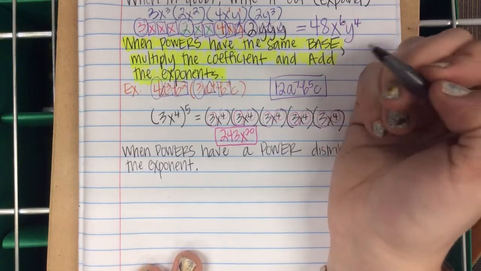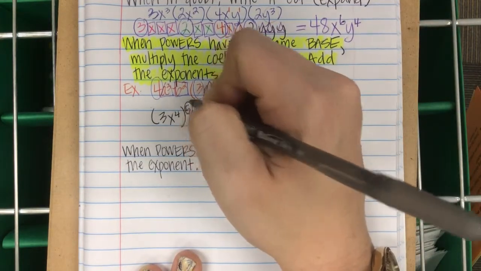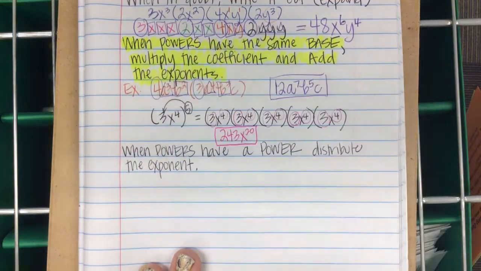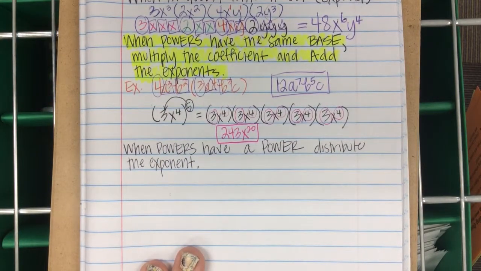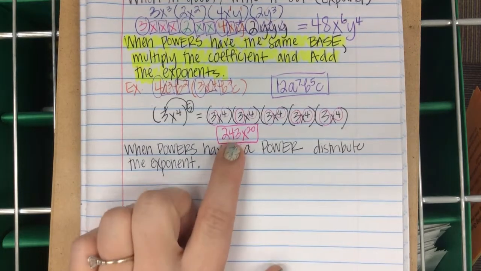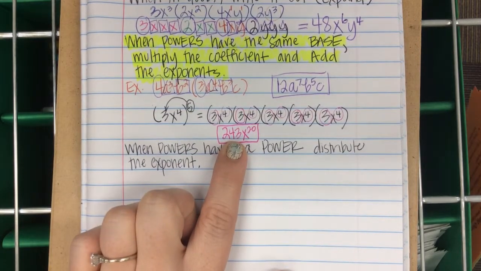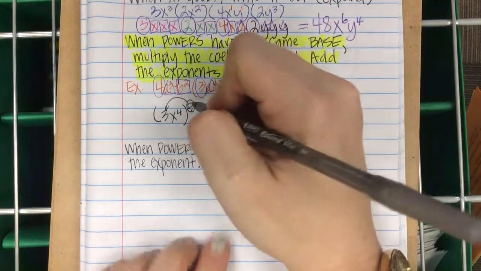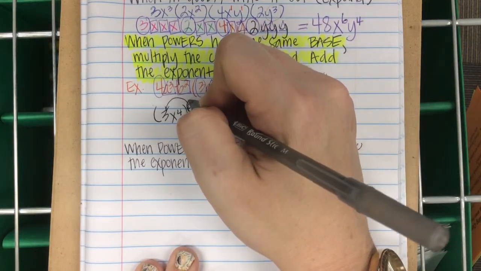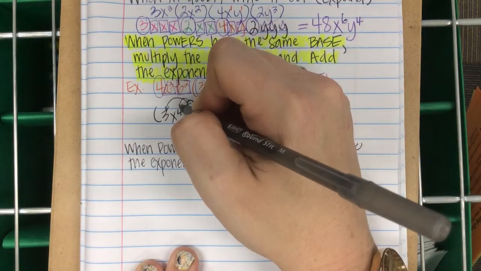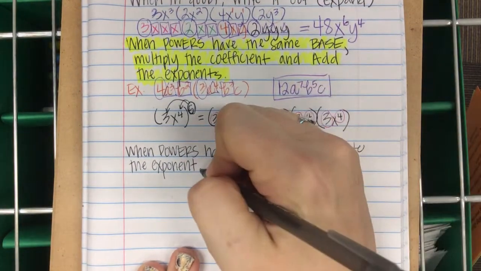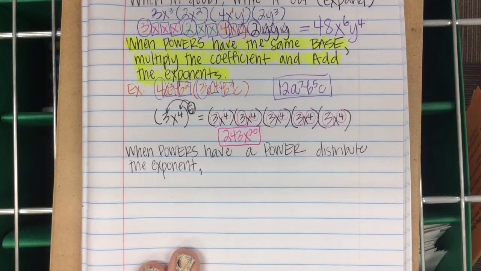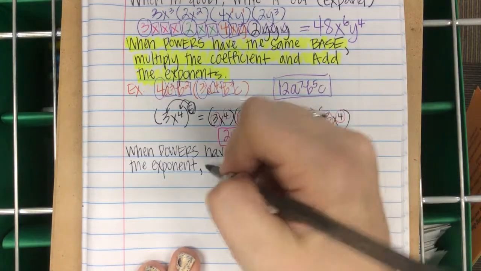So what does that mean? It means this exponent of 5 goes to the 3. So what's 3 to the 5th power? 243. This 5 also goes to the 4. What do you think you do with 5 and 4? Multiply.